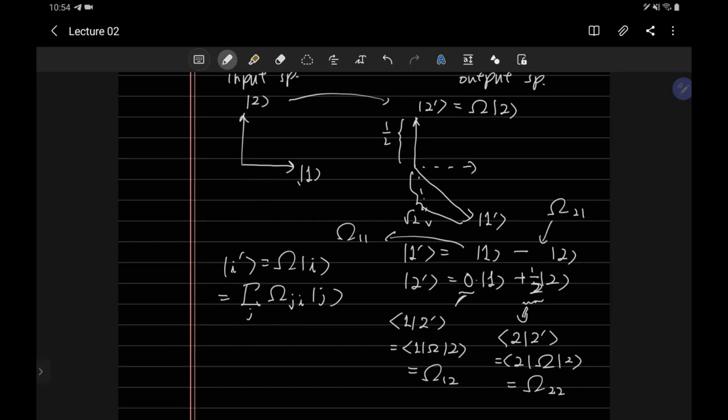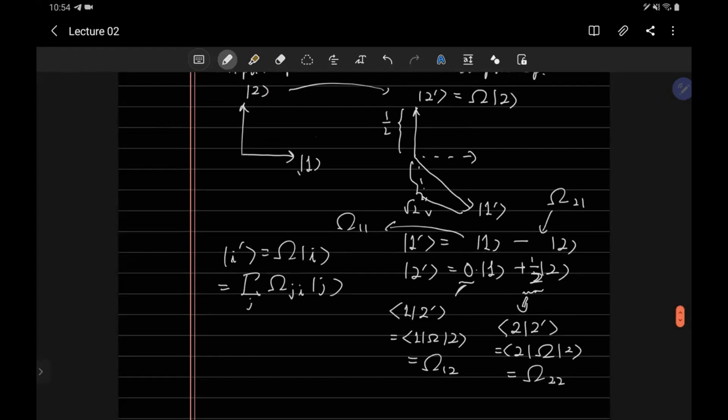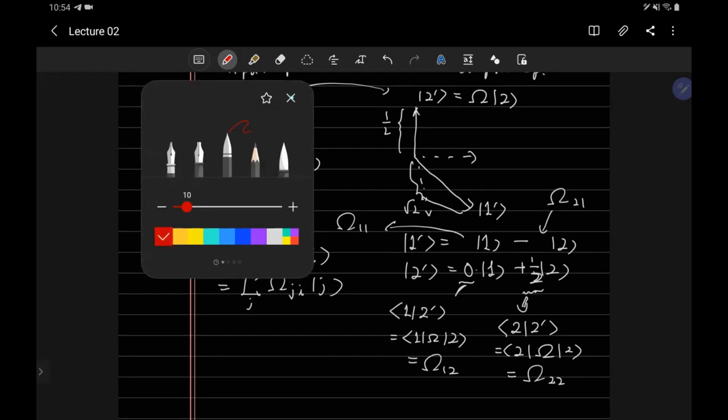And now what we can ask is the following. Here we only considered mapping the well-defined basis, but what about a new vector?